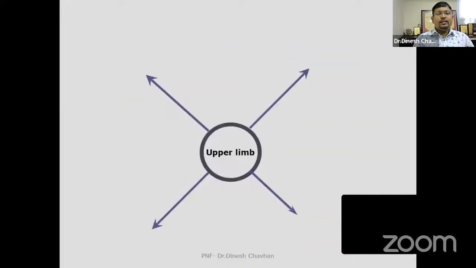So upper limb pattern, D1 flexion. What are the components in a D1 flexion? We'll see for the upper limb, at the shoulder joint, elbow joint, wrist joint and the finger. D1 flexion, shoulder joint: flexion, adduction, and external rotation of the shoulder.